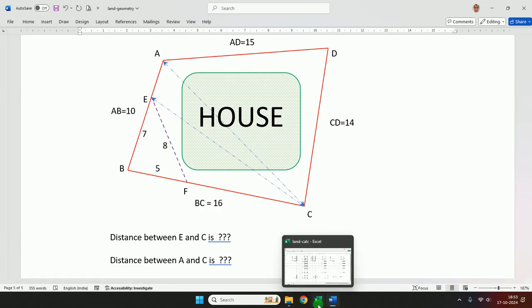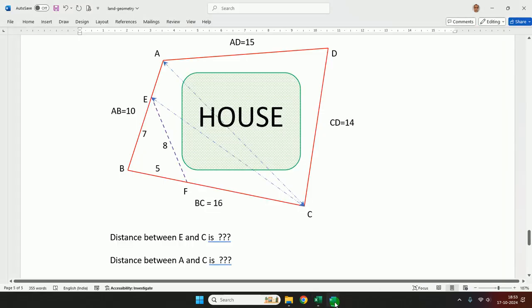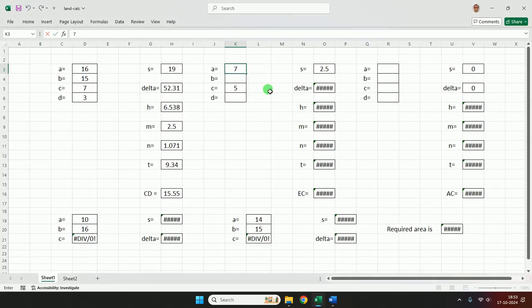So again I go back to my calculator. C is equal to 5, A equal to 7, and the other one is 8, and D part is the extended part.